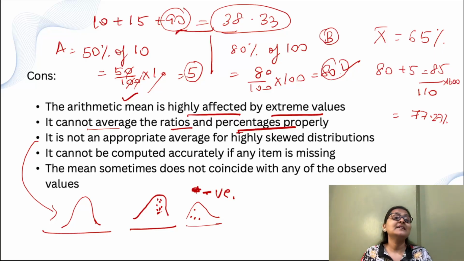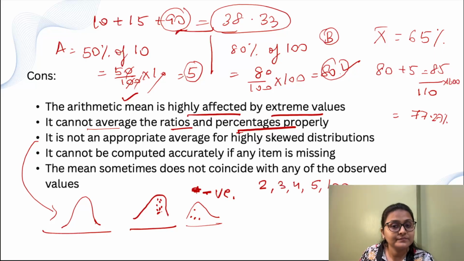Now suppose we are going to see the marks of 5 students in a class test. So the marks are 2, 3, 4, 5 and 100.